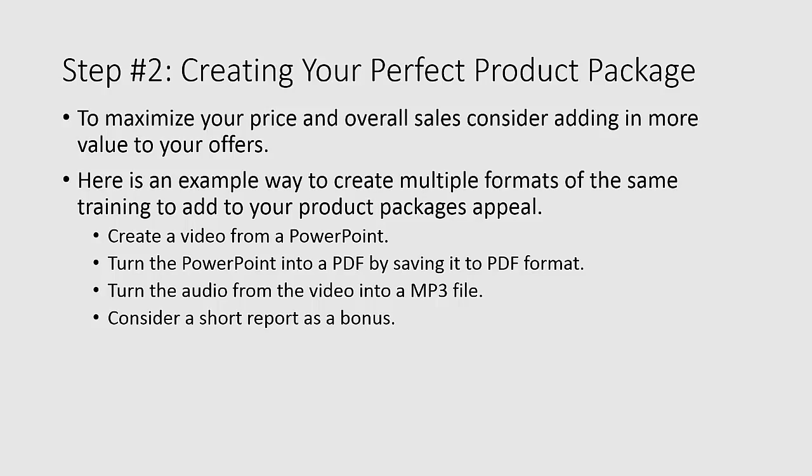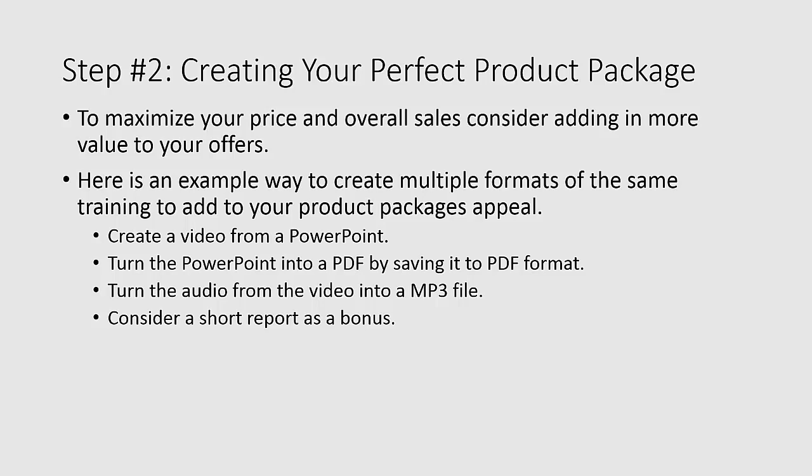With Jing, you could use MP4 format, and with Screencast-O-Matic, it varies, but you could do a Google search, for example, of AVI to MP3. That way you could find a free solution that would convert your AVI video file into an MP3. So now you're offering an audio, you're offering a video, and you're offering a PDF. So you're giving people 3 different options.